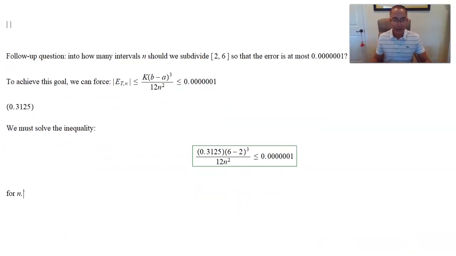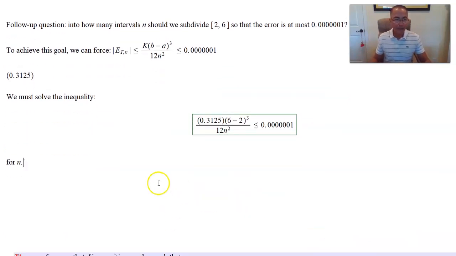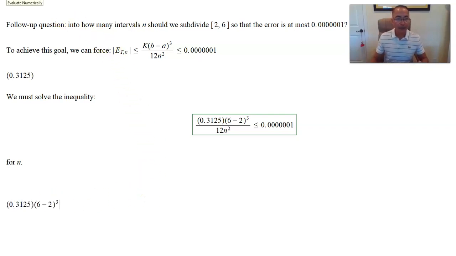All right, so what are we going to do? Well, I guess we can simplify that first. What is 0.3125 times 4 cubed? 64. This time it doesn't cancel. We knew that n was 8 before, so it could cancel. Oh, it's exactly 20.